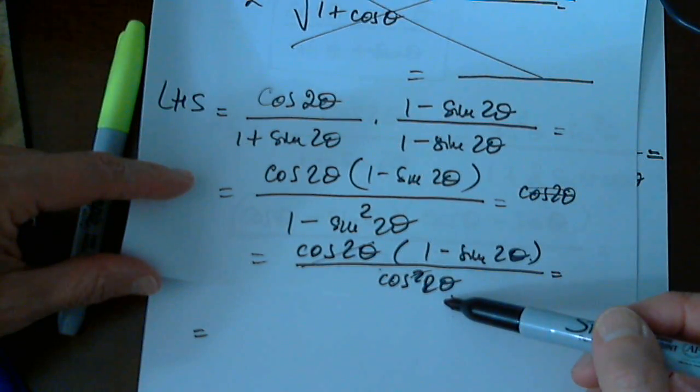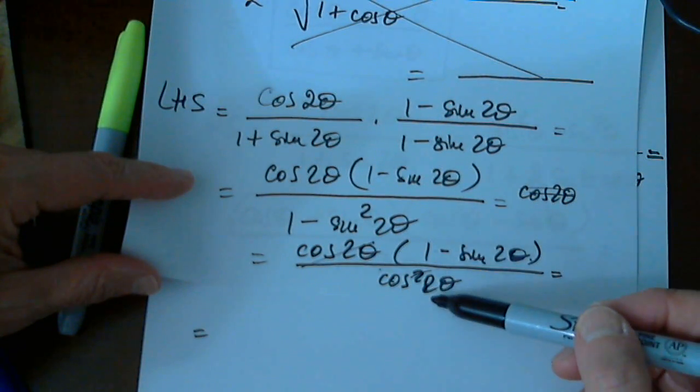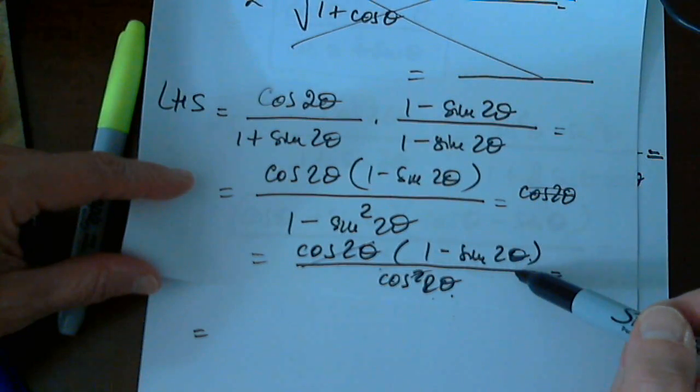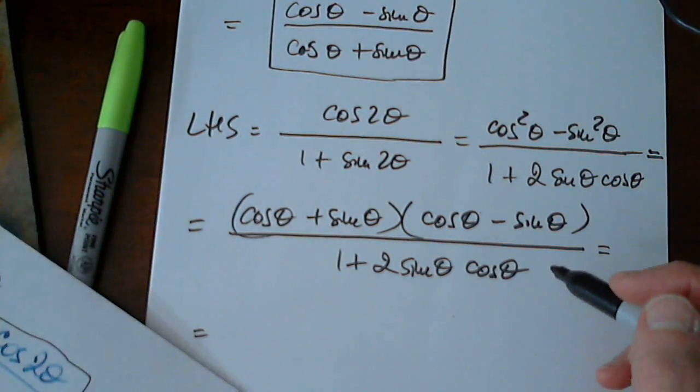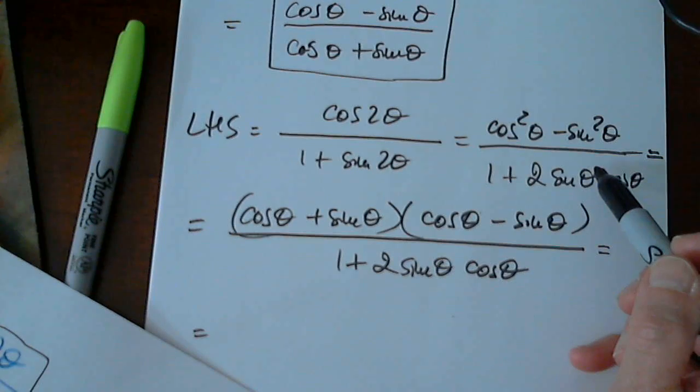So this is secant minus tangent. And do I get this from here?